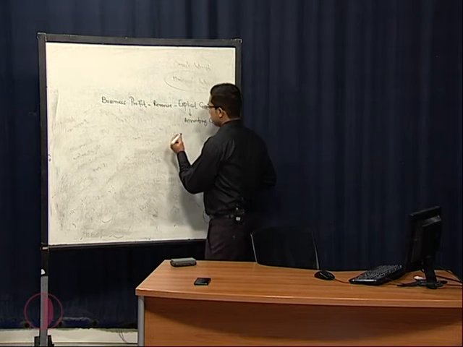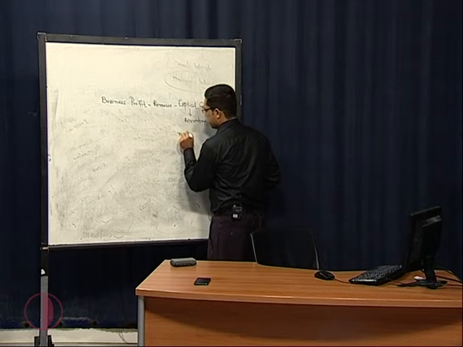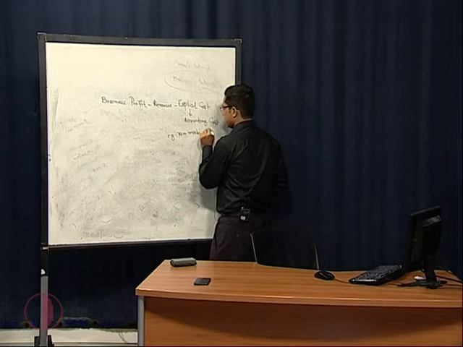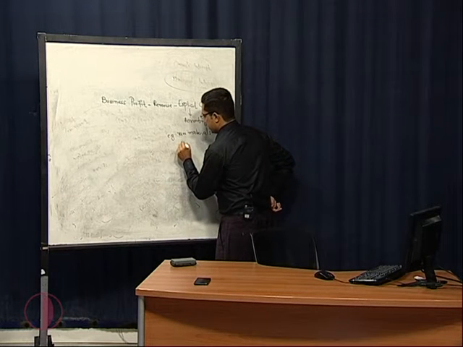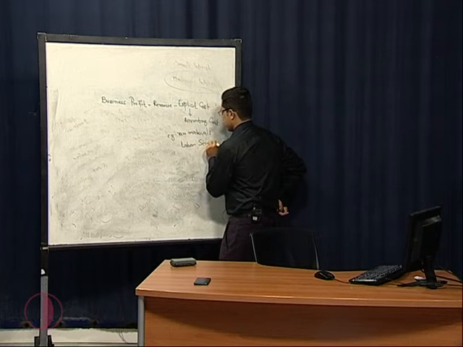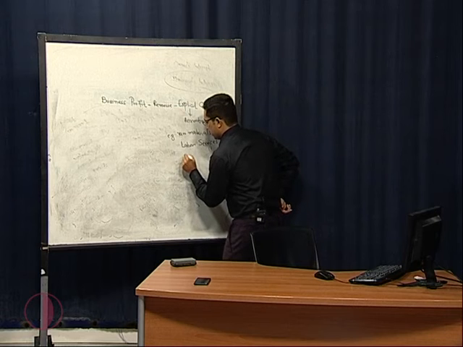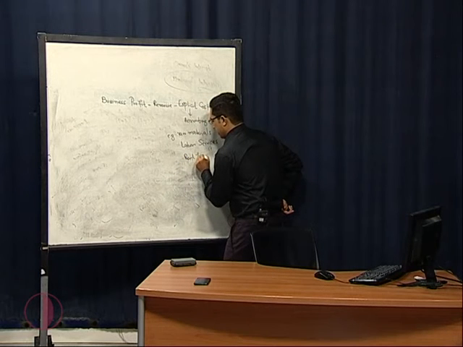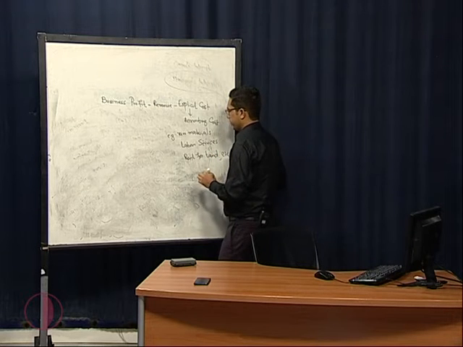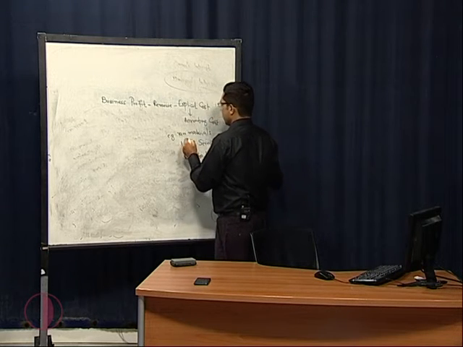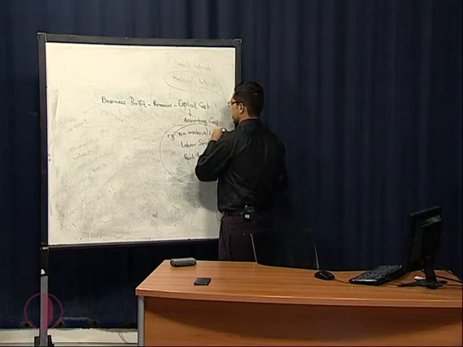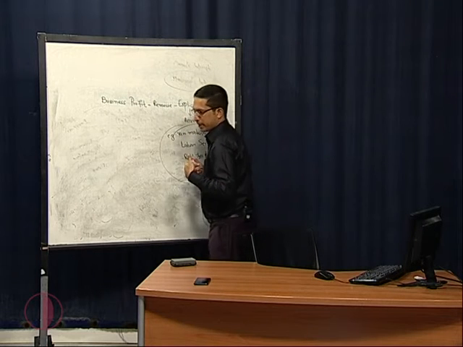For example, the firm needs raw materials, the firm hires labor services, rent for land, etc. For all these things the firm spends its money.